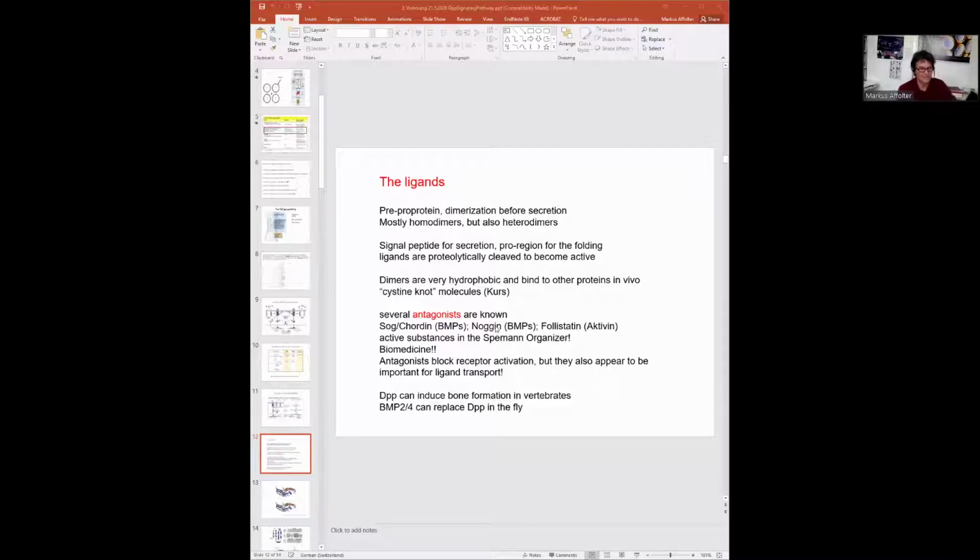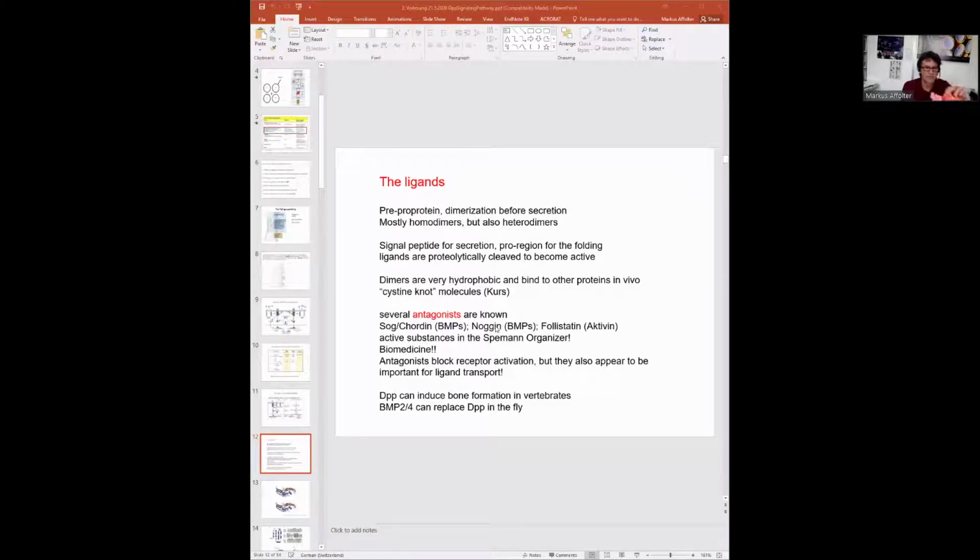So of course, this ligand binds the receptor. But if nature wants this ligand to be made, but not immediately recognized, it makes antagonists that bind at the same place where the ligand would bind. And then the ligand is shed, it cannot bind. You first have to take off these antagonists to free the ligand and bind to the receptor.